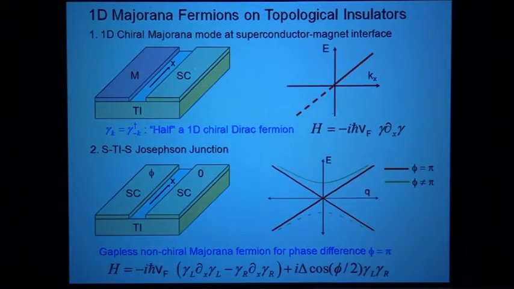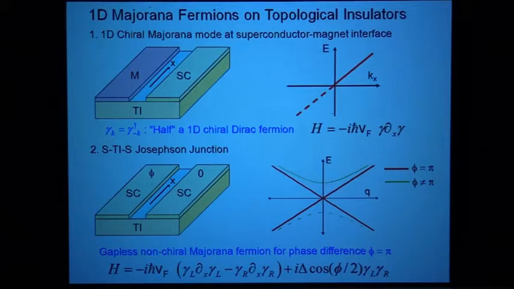There are other things you can do. If I look at the surface of a three-dimensional topological insulator on an interface between a superconducting gap and a magnetic gap, then there will be a one-dimensional channel, which is like the edge of a two-dimensional p plus ip superconductor, and so this has a chiral Majorana mode.